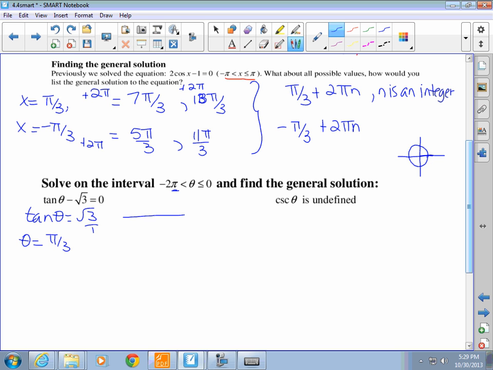So tangent is positive here and positive here. I know I'm using a reference angle of pi over 3, so because pi over 3 is greater than 0, I can't go counterclockwise, so that means I'm going to have to go this way and find out what that angle is.